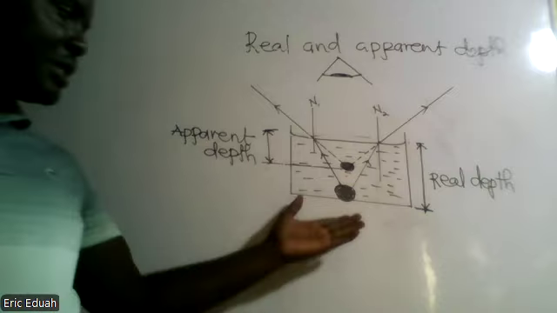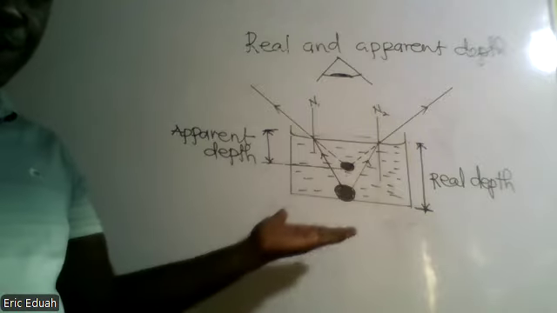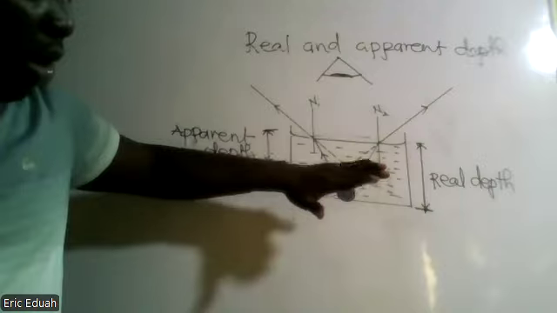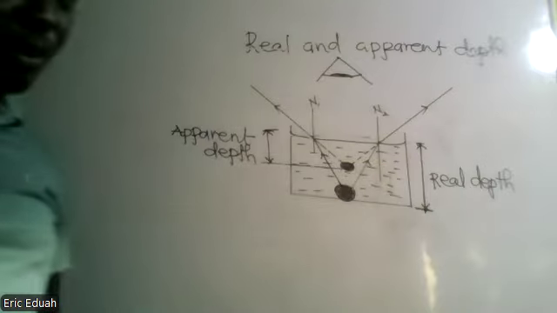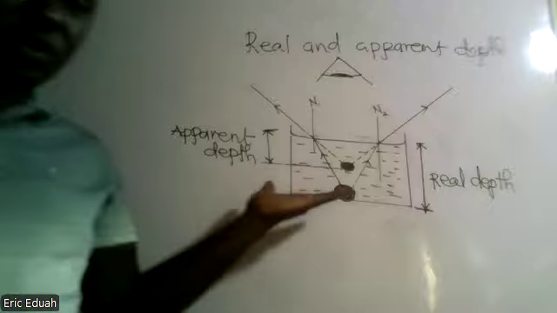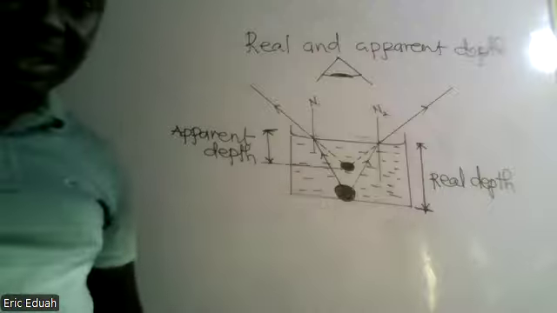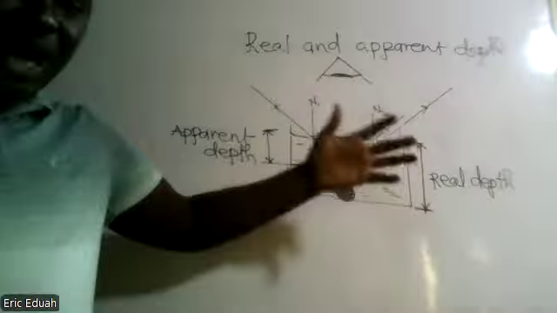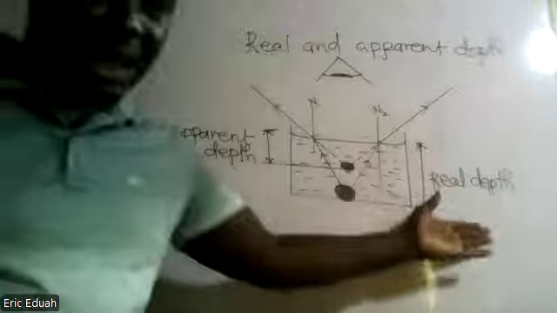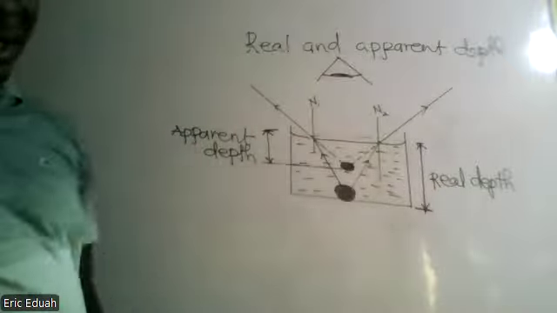This is what happens when a glass prism or glass block is placed on a coin and it is viewed from above. When water is put in a basin, sometimes there's magnification. You also see the object as if it is magnified. So this is the concept of real depth and apparent depth.